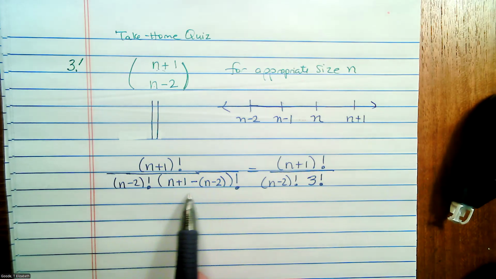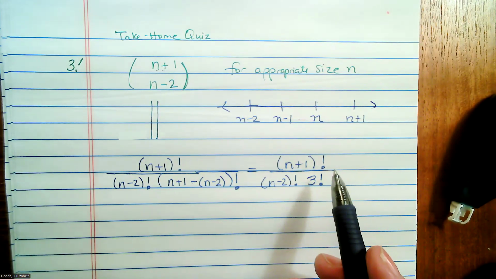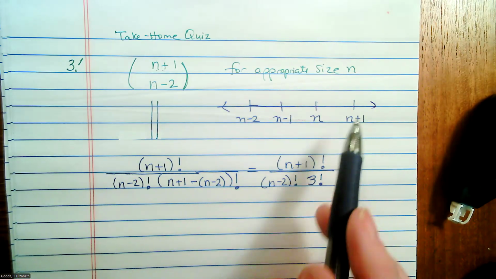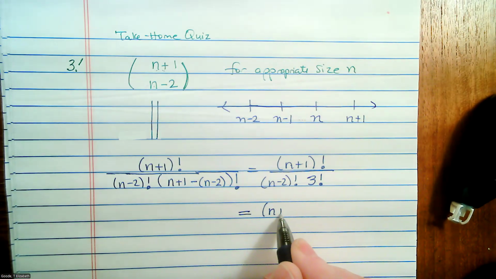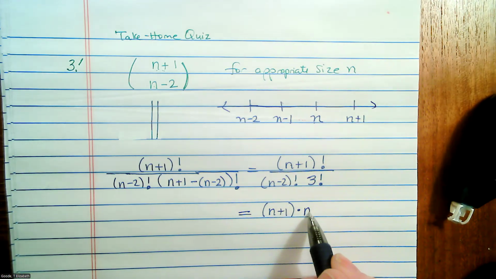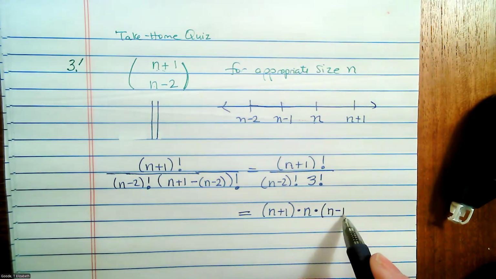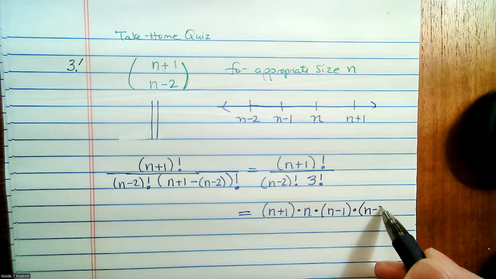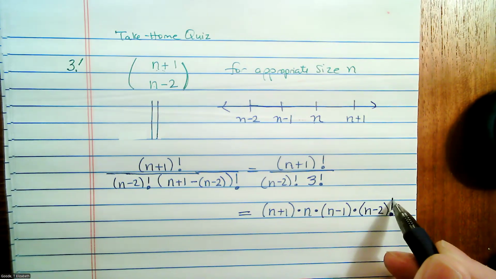Because when this minus distributes to the negative 2, this becomes a positive 2. And then we want to cancel as much as we can. The point is the n plus 1 is bigger than the n minus 2, so we can expand n plus 1 factorial. It's n plus 1 times the integer right before, which is n, times n minus 1, times n minus 2, and then all the ones below that just get rolled into the factorial.